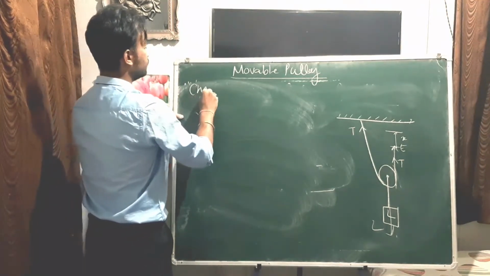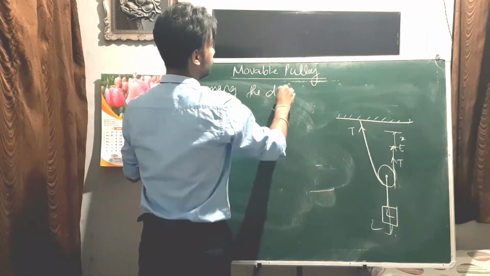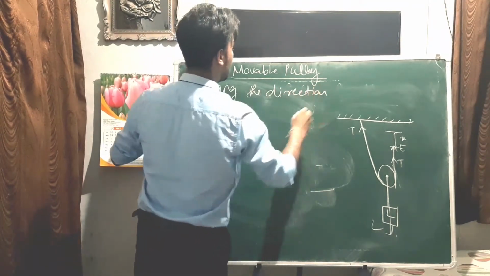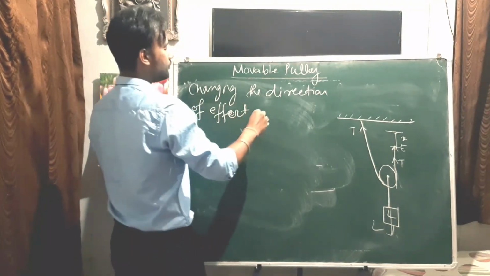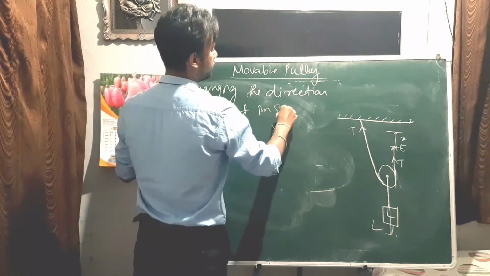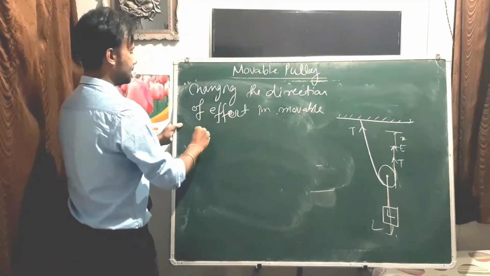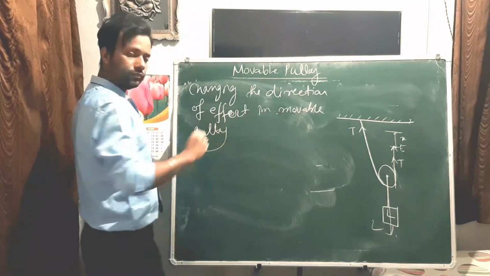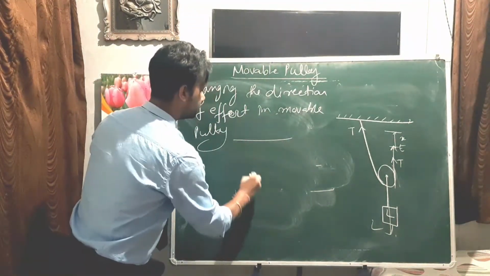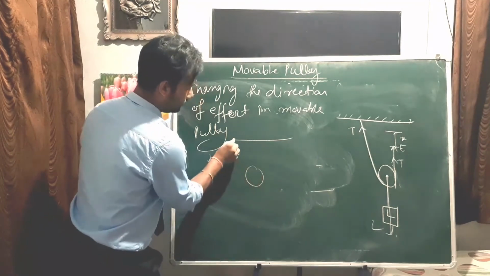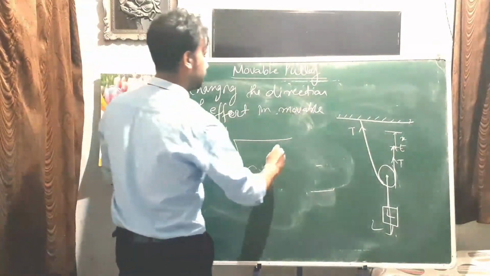Changing the direction of effort in the movable pulley. Okay, we have the system. Right? Just add one fixed pulley here.